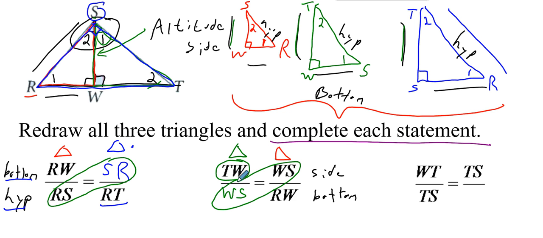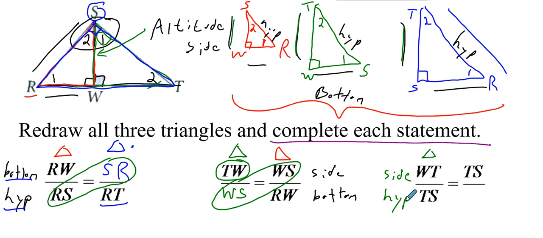For our third proportion, I'm looking at WT and TS. WT and TS are both side segments of our green triangle. WT is our side, and PS is our hypotenuse.